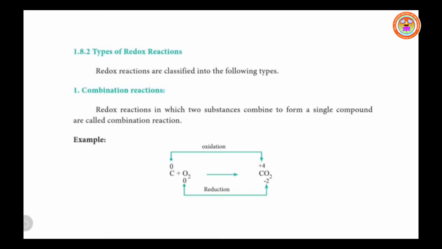Okay children, here we can see the oxidation number of the elements. Carbon is in the uncombined state, so the oxidation number of carbon is 0. Similarly, in the oxygen molecule, the oxygen atom is in the 0 oxidation state. The 0 oxidation state of carbon, during oxidation, changes to +4 in carbon dioxide.